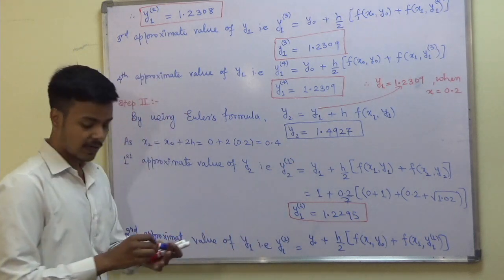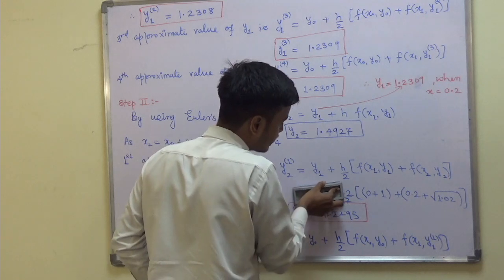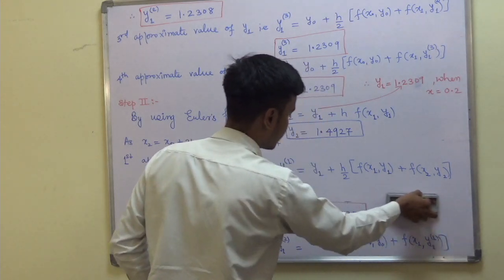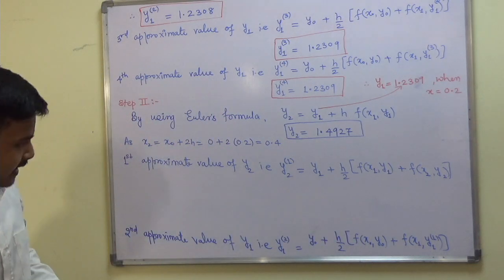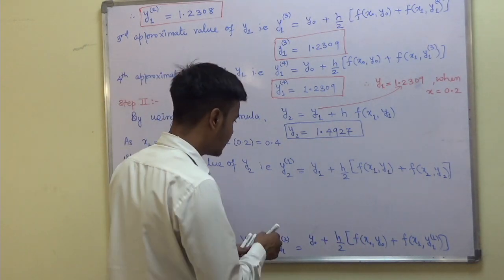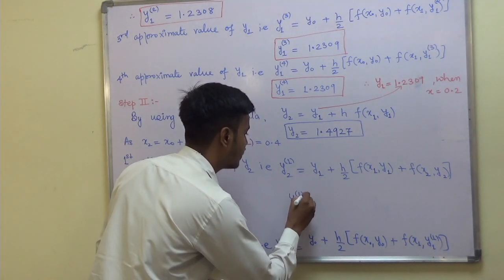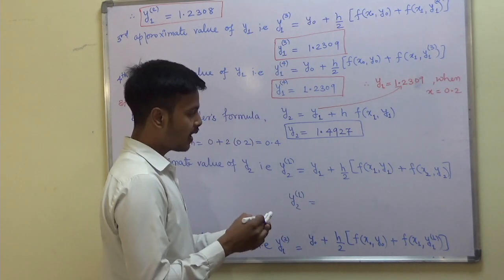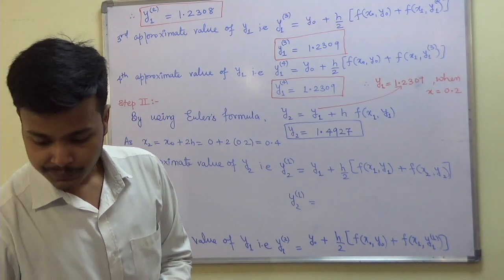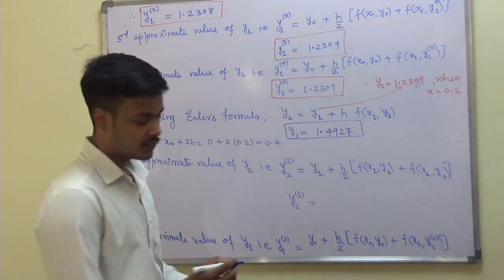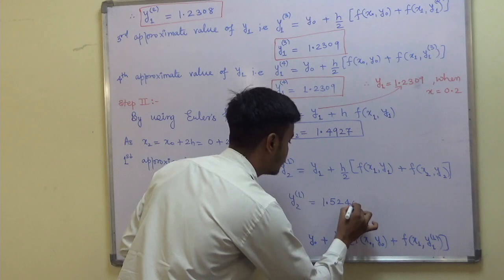Okay, so now let us substitute all these values and let me write it precisely. Now you can just substitute and directly write the value of y21. So y21 comes out to be 1.5240.